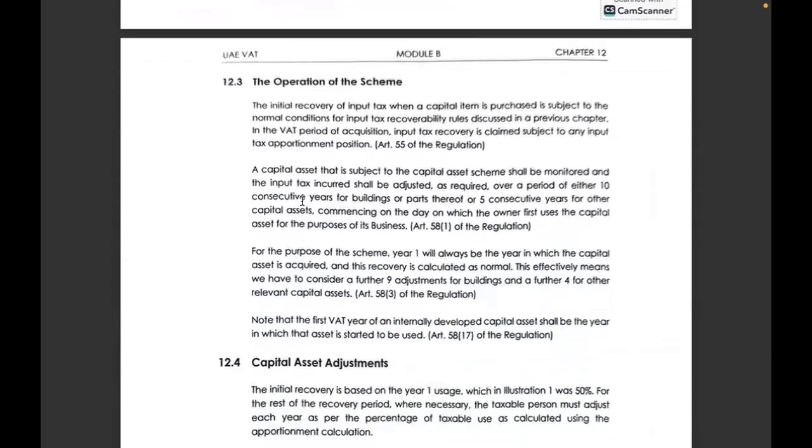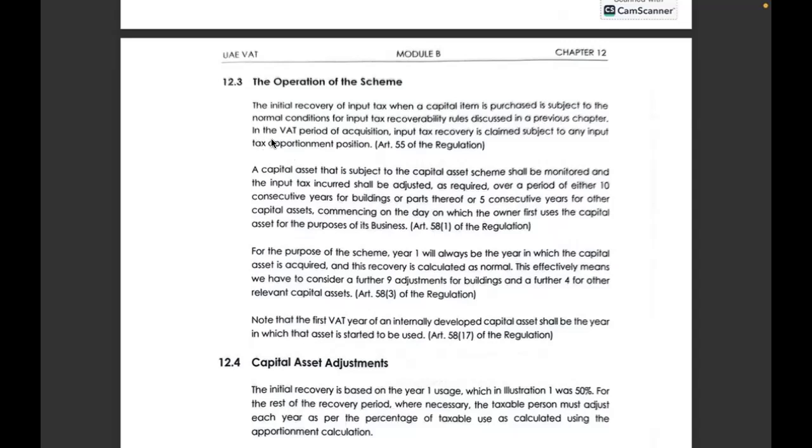So how does the scheme operate? The initial recovery of input tax when a capital item is purchased is subject to the normal conditions for input tax recoverability rules discussed in a previous chapter.